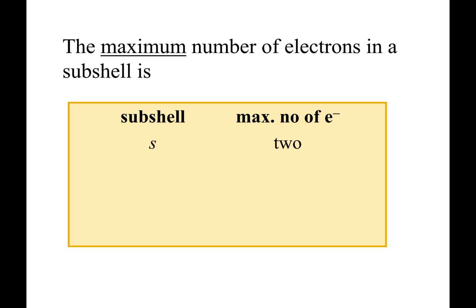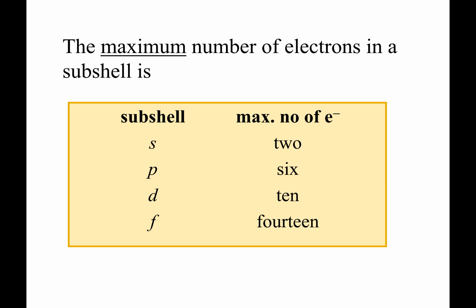So you max out with 2 electrons here, 6 electrons here. How many electrons do you max out here if they're all filled? 10, you got it. 10 electrons here. How about up here? 14. Yep, I'm not going to draw all that, but that's 14. So 10 here, 14 here.